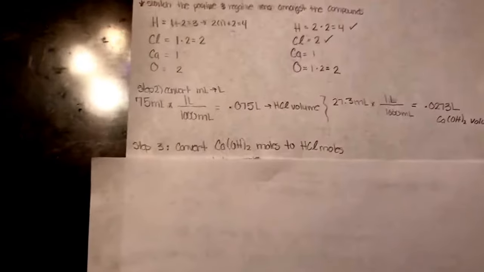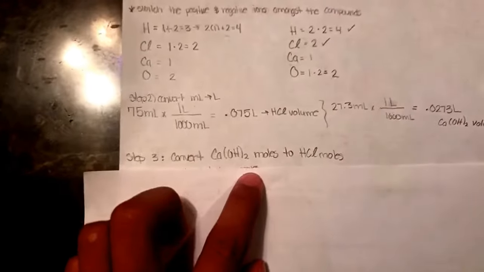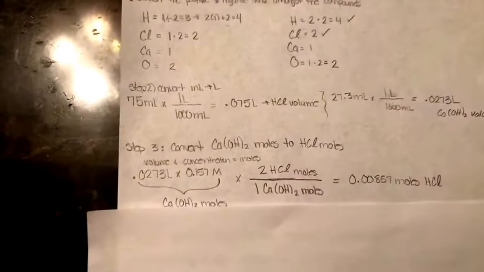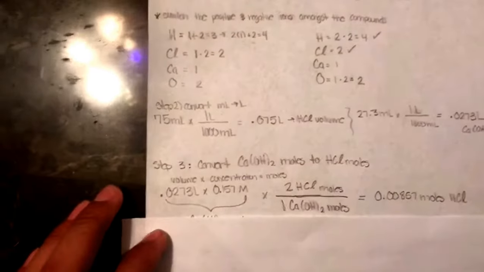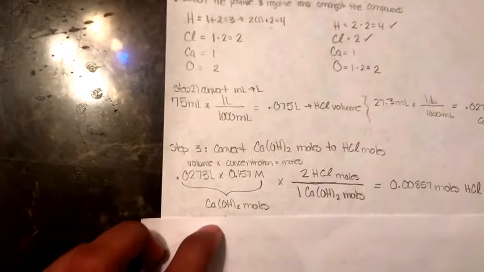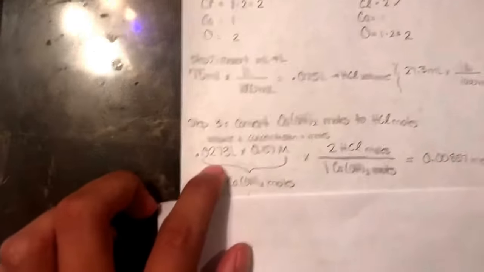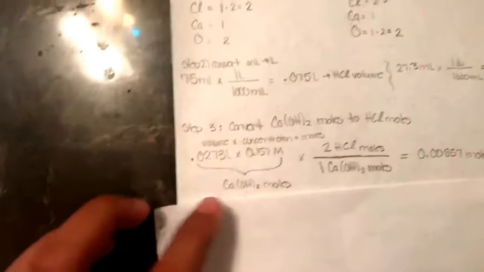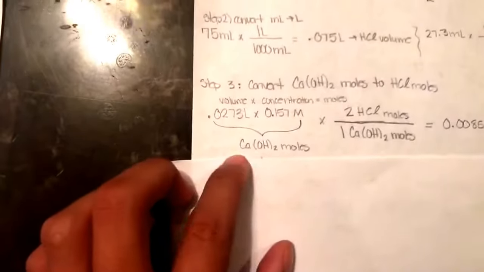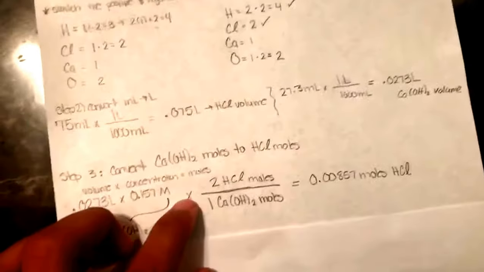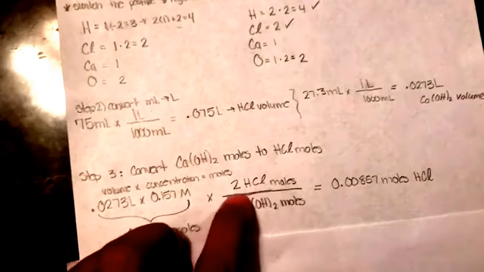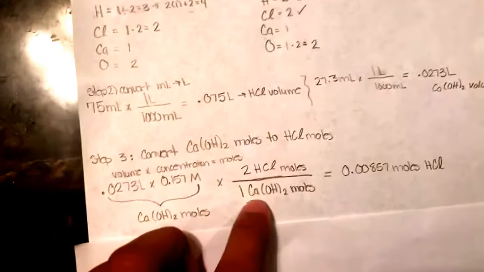The next step is converting Ca(OH)2 moles to HCl moles. Ca(OH)2 moles is volume times concentration, which equals moles. They give us the volume and the concentration, so we multiply them, and there will be Ca(OH)2 moles times 2 HCl moles divided by 1 Ca(OH)2 mole.